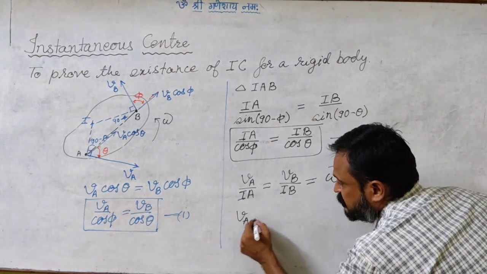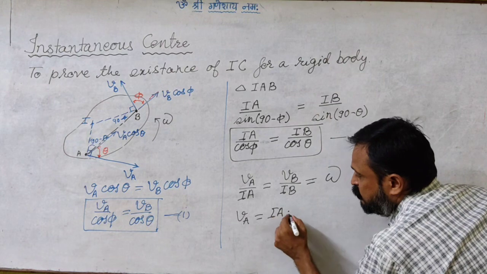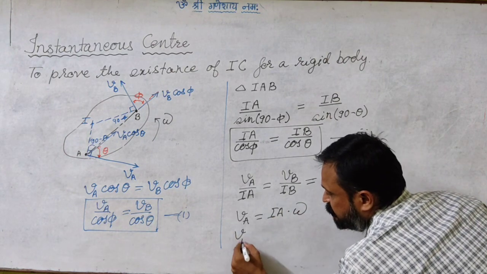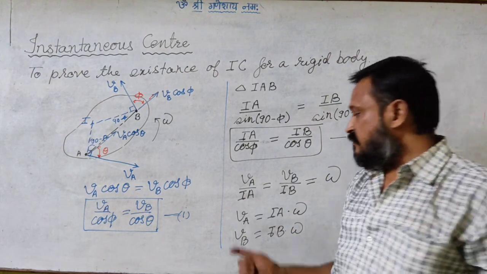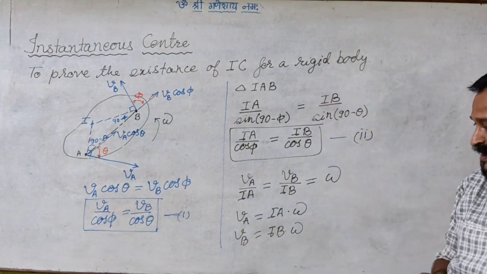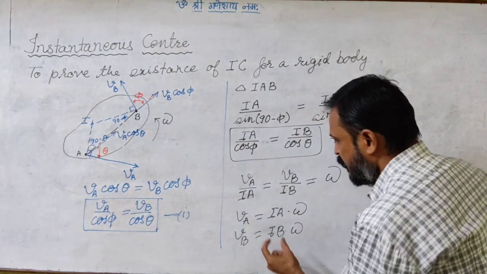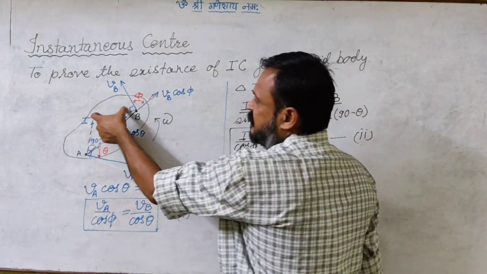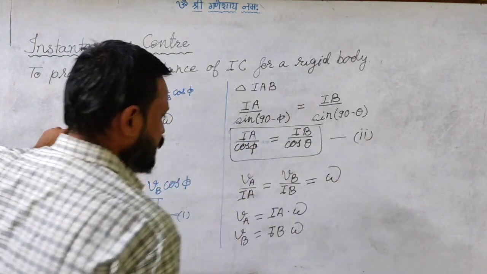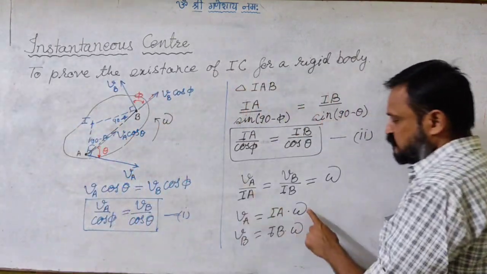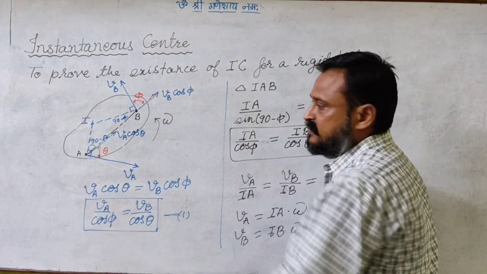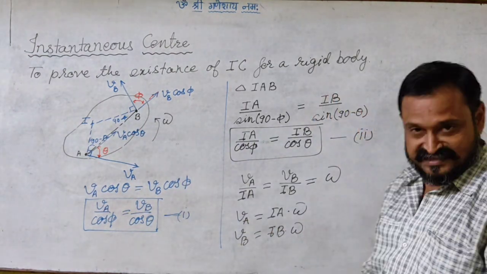So I can say that VA is IA omega and VB is IB omega. Linear instantaneous velocity is R omega, so IA is acting as R, the radius of rotation, and omega is the same for the same body.